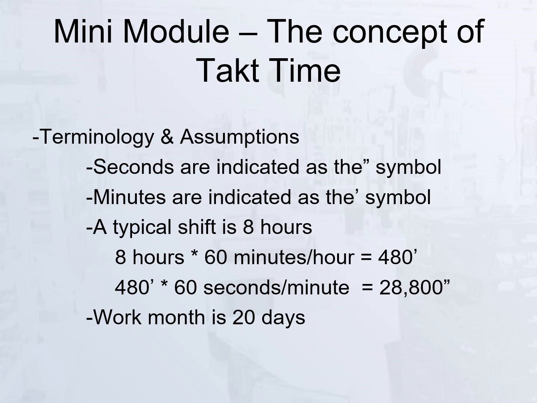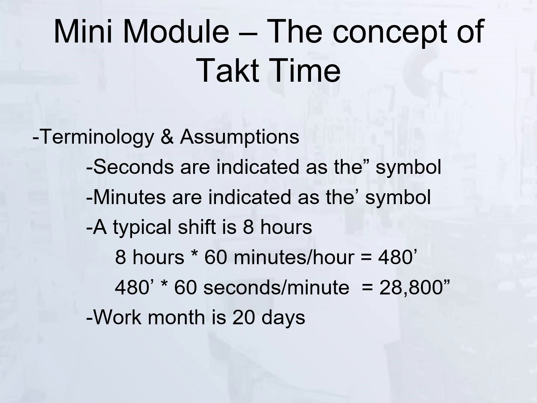So we are now going to go through some examples of takt time, but before we do that, we're going to talk a little bit about some terminology and then also some assumptions. Terminology wise, seconds are going to be indicated as the quotation symbol, and minutes will be indicated as the apostrophe symbol.